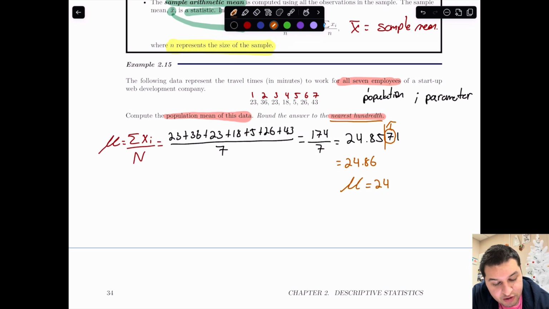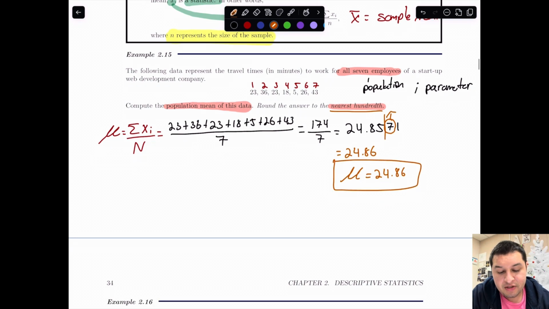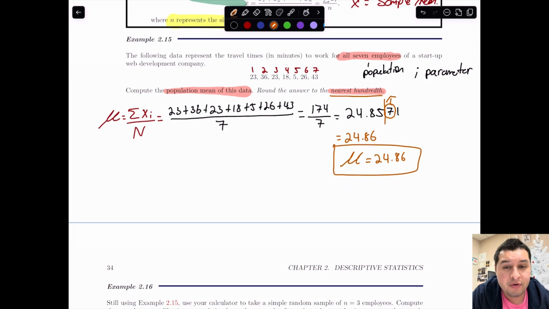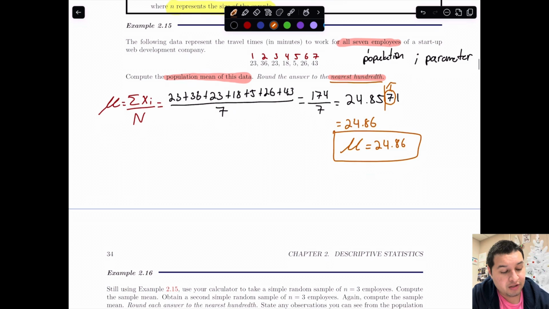So my mu here is going to be 24.86. Now, this is the correct answer, but this is not the full answer. When we get this and we talk about means, we want to answer appropriately in terms of what the study was actually talking about.